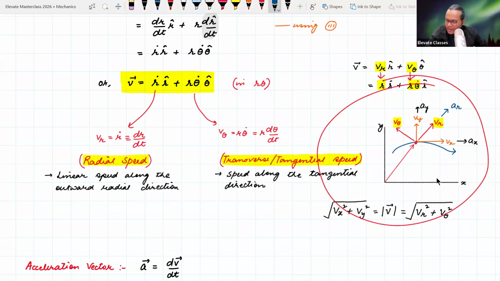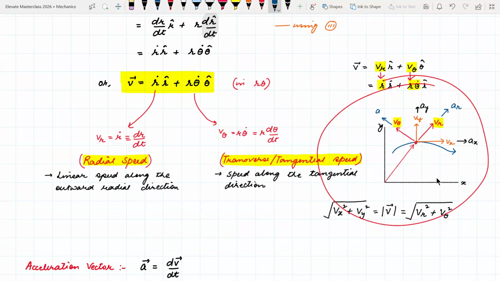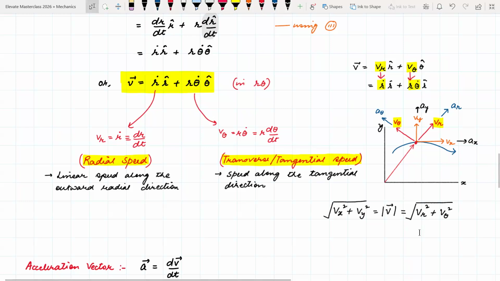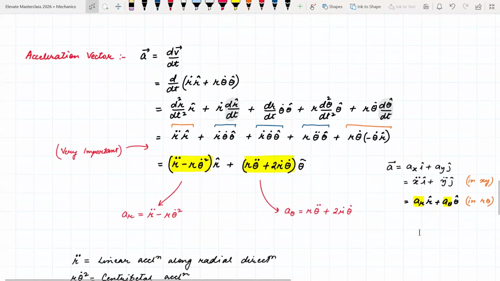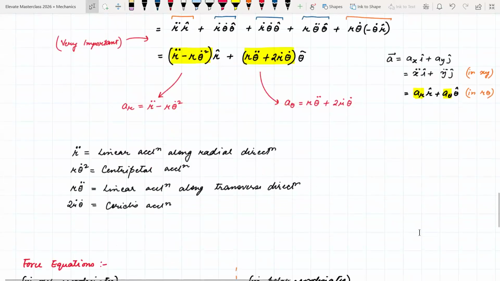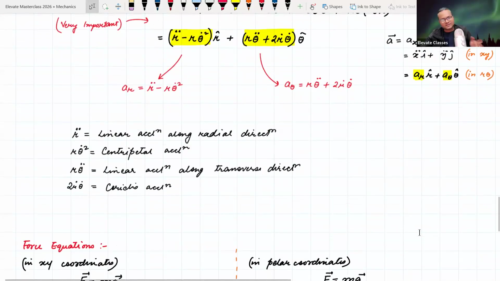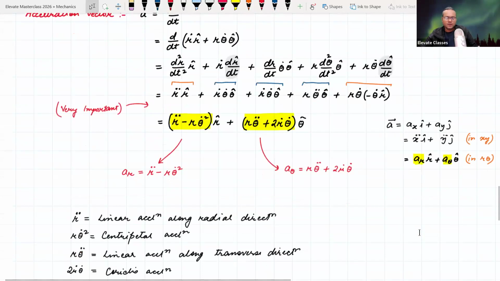Krishnika: I was just asking about this r double dot, then r theta dot square, r theta double dot, I was talking about all of these. Oh, they are in the same direction only. Because this is part of r cap, right?